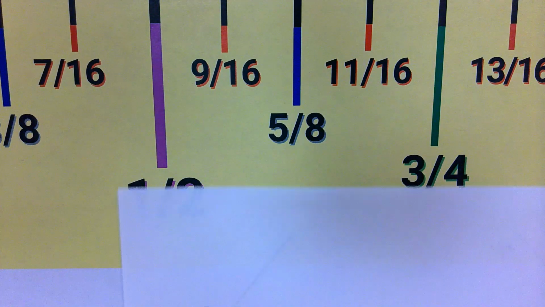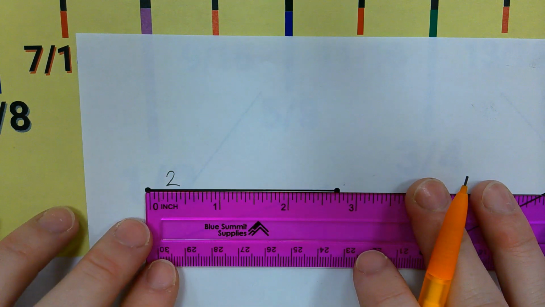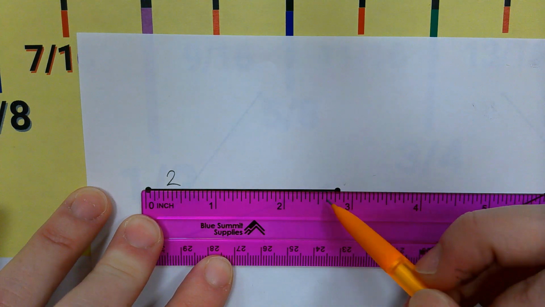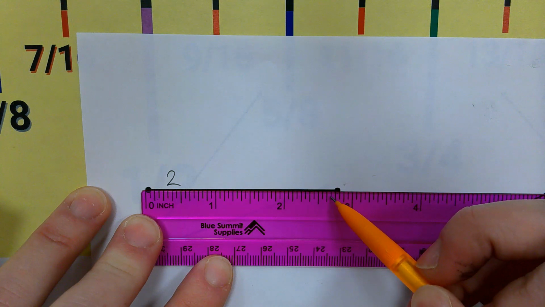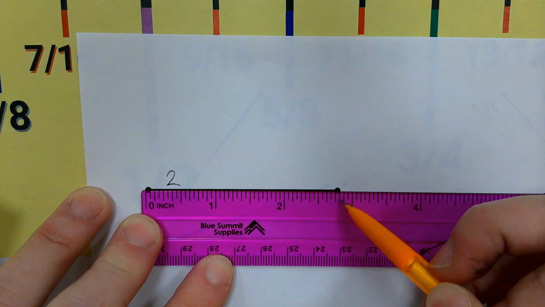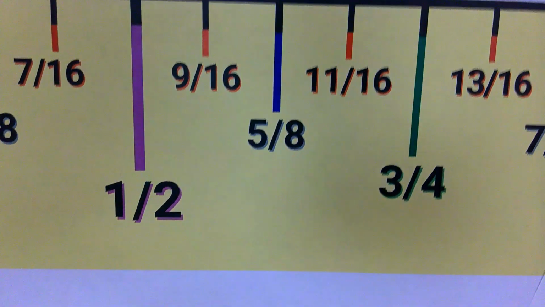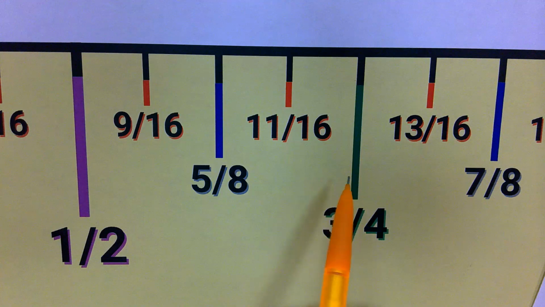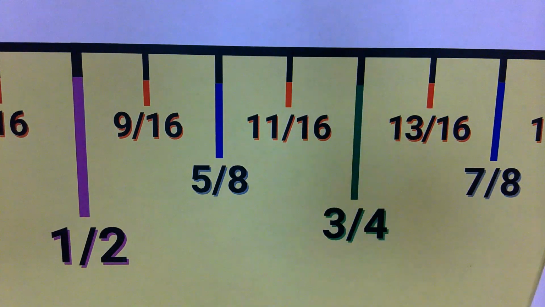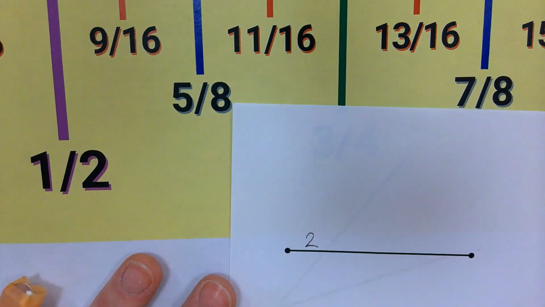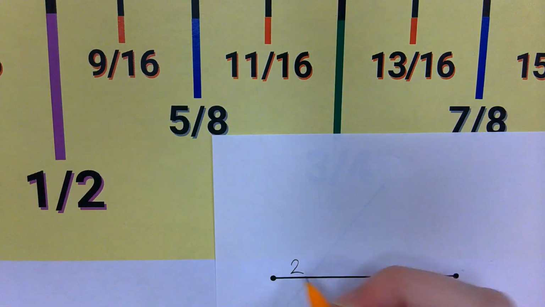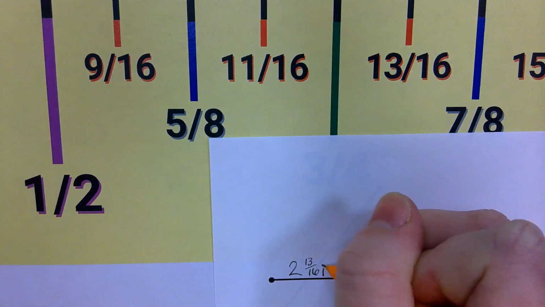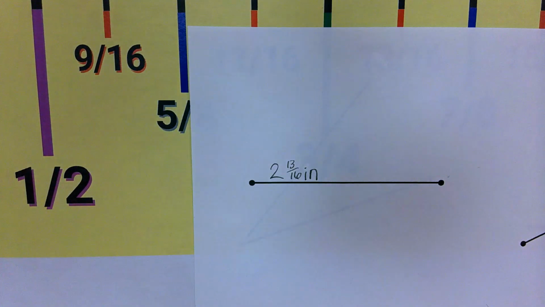And then how many past the halfway? 1, 2, 3, 4, 5. So let's count on here. There's the halfway. There is 1, 2, 3, 4, 5. So the measurement for this line should be approximately 2 and 13/16 inches.